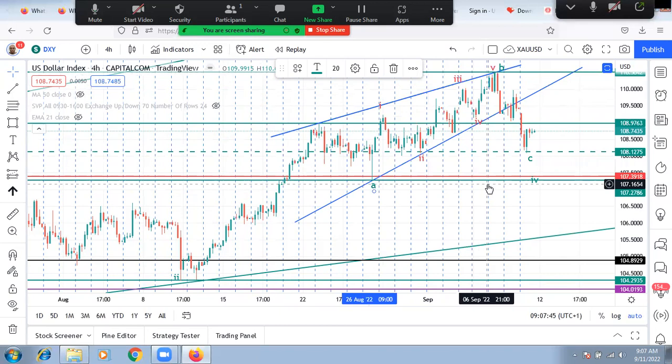So if it's not an ending structure and it's a correction for further upside to break the top, then we should see this one as an A of this entire move here, which means that the wave 3 has not ended. So we are looking at the possibility that the wave 3 of this correction of the ending structure in the bigger time frame has not ended, then this one will be an A, this one will be A, B, and we will have a C.